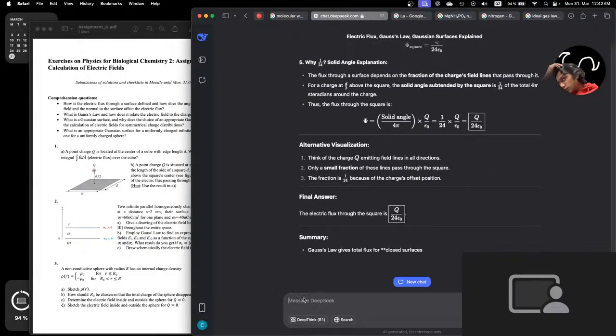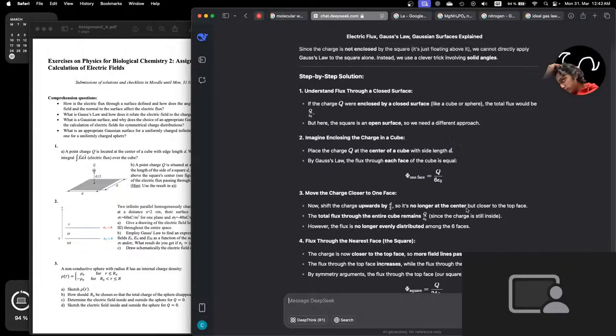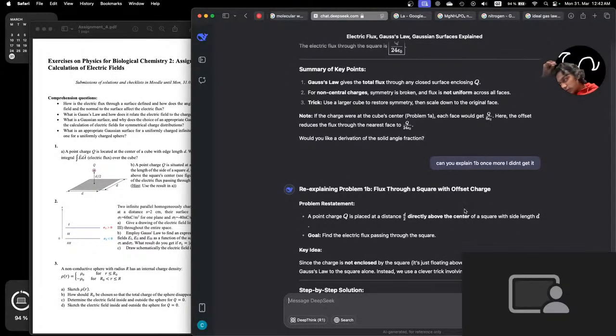What are you doing, bro? What are you doing? Re-explaining the problem. The point charge q is placed at a distance d by d2 above the center of the square. Find the electric flux passing through the square.